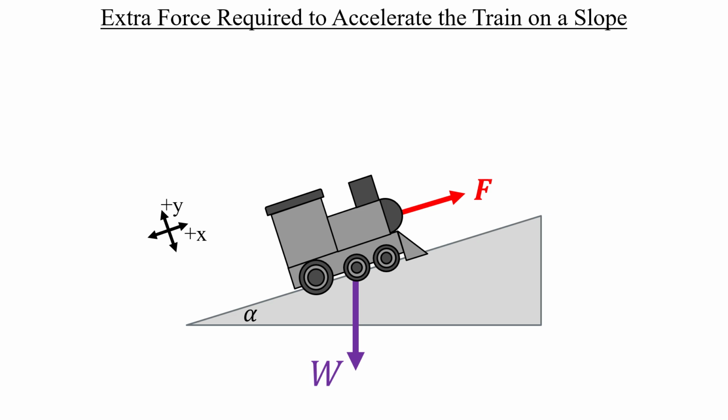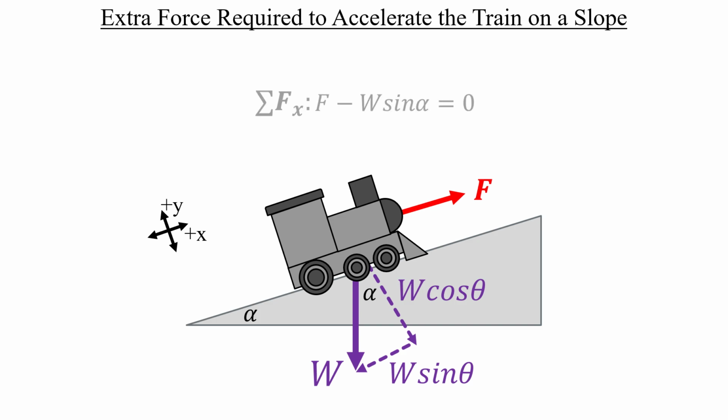Since the weight doesn't lie along the y-axis in this system, we can insert our angle adjacent to the weight vector and break the weight down into its components. If we do the sum of forces in the x direction, we can solve for what the force is by setting the right-hand side equal to 0. Now, before I do that, let's ask ourselves a question here.